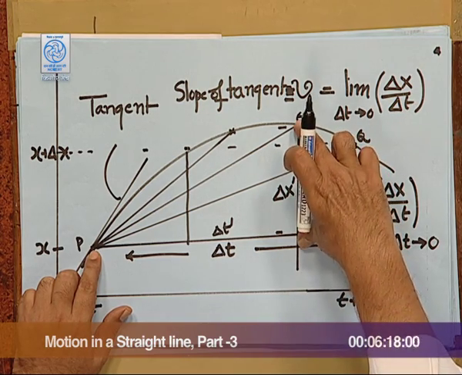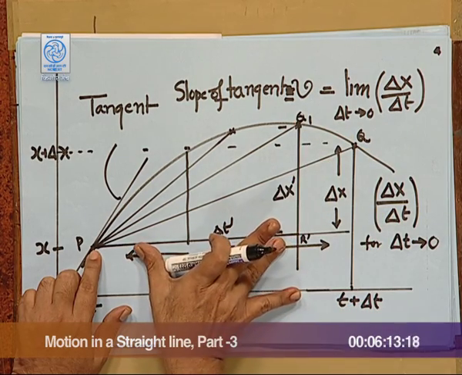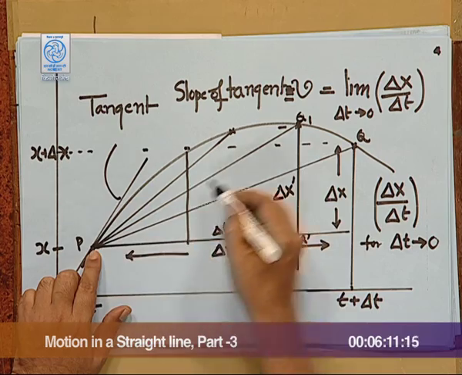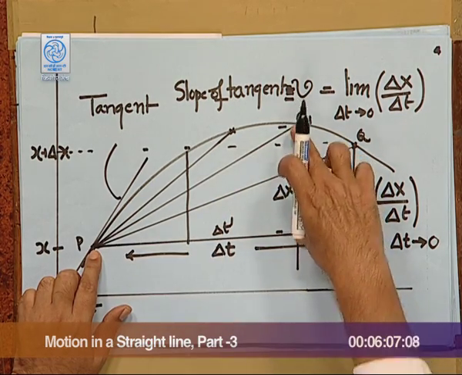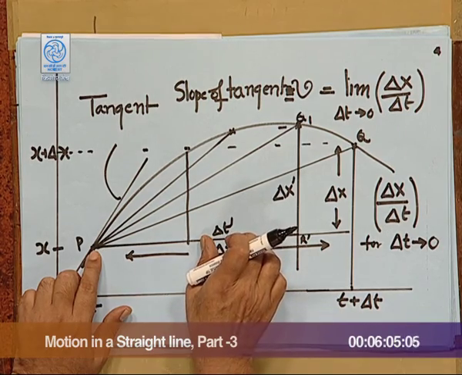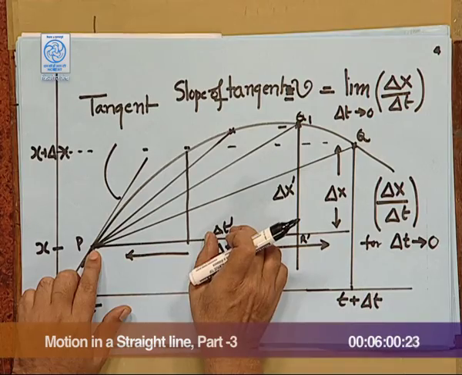Now, delta x dash is the height of this triangle and delta t dash is the base of this triangle, and the slope of the line PQ dash is delta x dash by delta t dash, which is the average velocity in that interval of time delta t dash.